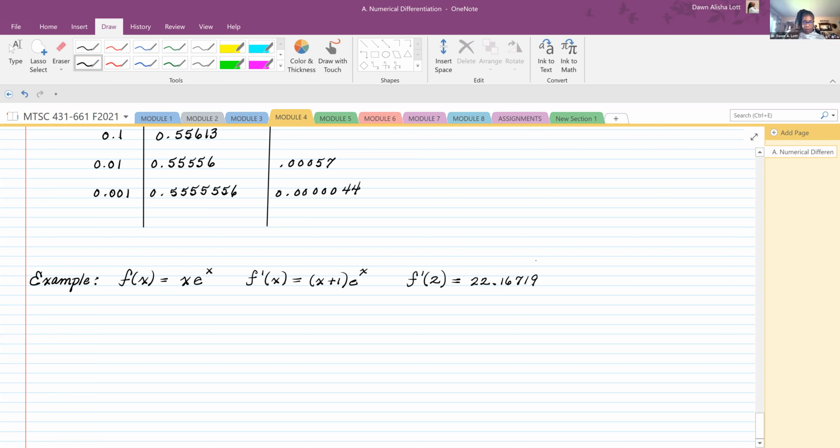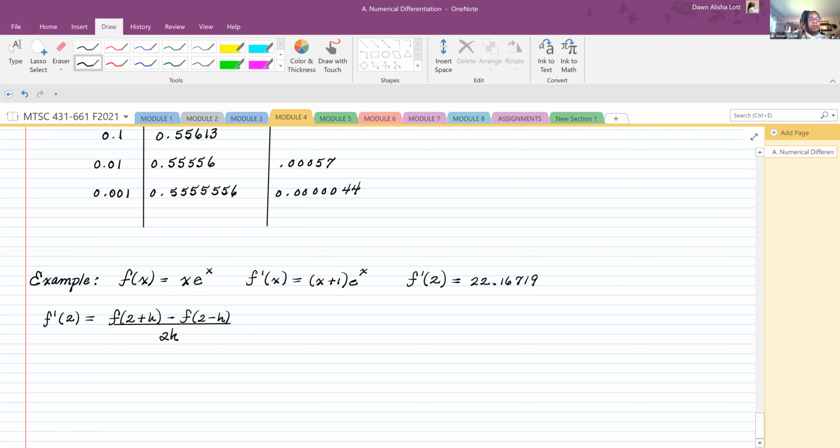Okay. All right. So now if I do the central difference approximation, then f prime at 2 is going to be f at 2 plus h minus f at 2 minus h, all over 2h.